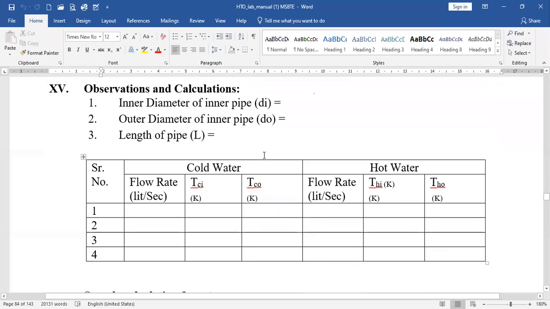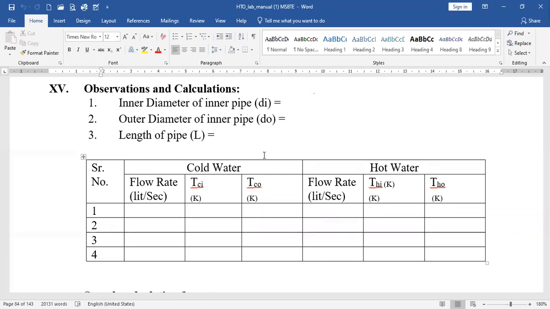Then in the observation and calculations table, we must write down the inner diameter of pipe, outer diameter of pipe, length of pipe, and the flow rates of cold water and hot water, or cold fluid and hot fluid. That may be in terms of liter per second, liter per minute, liter per hour, but whatever the readings are on your rotameter, we have to convert this into LPS.